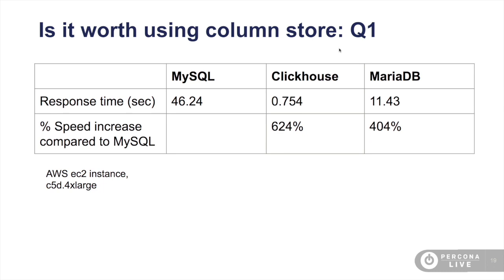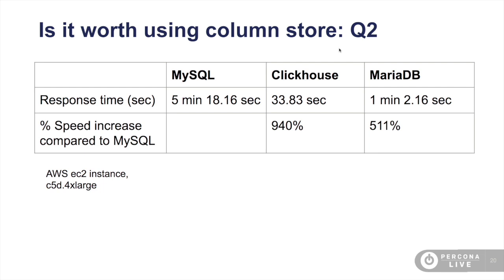Let's see query number 2 that joins 4 tables. Originally, 5 minutes, 18 seconds in MySQL, 33 seconds in ClickHouse, and 1 minute, 2 seconds in MariaDB ColumnStore. So now we're talking about 900% performance increase, and 500% performance increase. Yes?